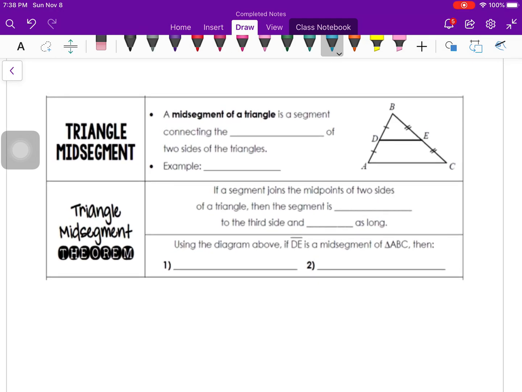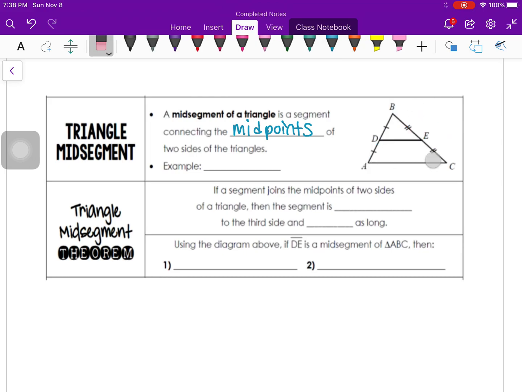So what is a triangle midsegment? A midsegment of a triangle is a segment that is connecting the midpoints of two sides of the triangle. If you look at this triangle ABC, if you look at side AB and found the midpoint, it would be point D. Then if you found the midpoint of side BC, it would be E, because these two are congruent.